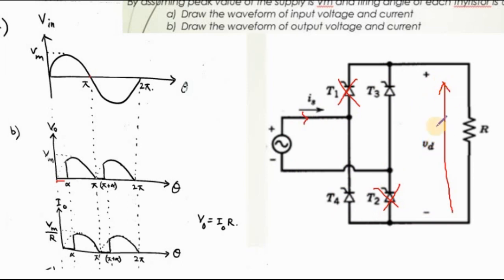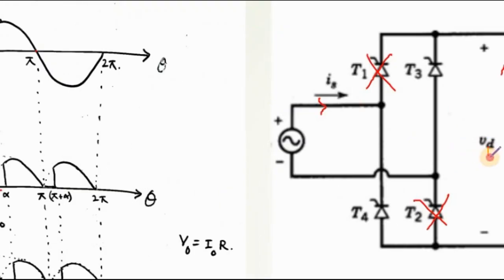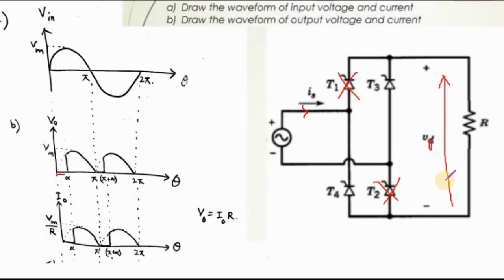You can take this as V0, because you don't have any current from 0 to alpha. So the voltage difference from here to there is 0.